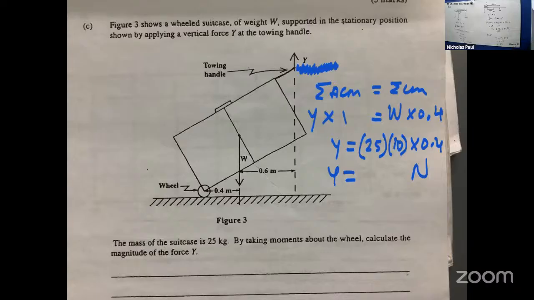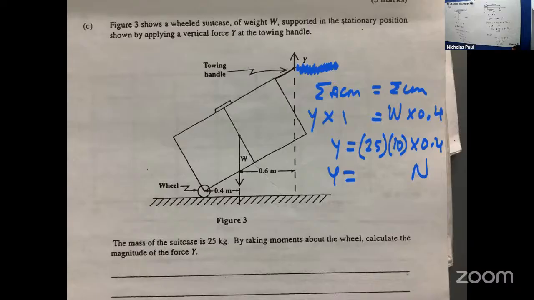How far is Y from the pivot? 0.6 plus 0.4. Where did I get 1 from? You can look at Y, right? Y is 0.6 plus 0.4 away, which is 1 meter away.